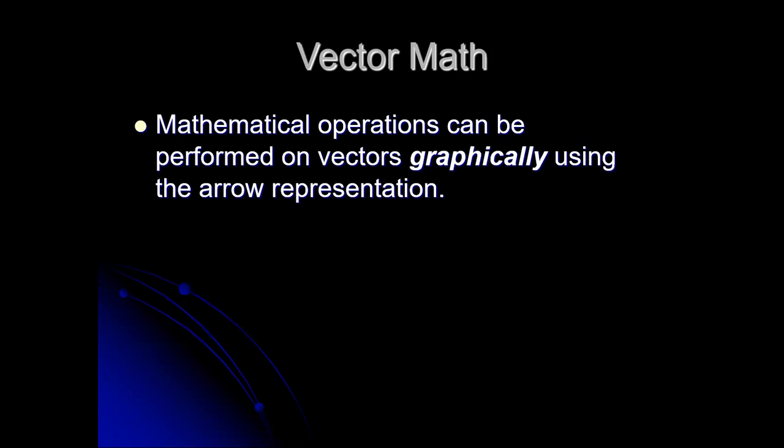We're going to look at vector operations graphically using this arrow representation. By combining vectors and doing operations on vectors graphically, we'll get a better feel for how vectors combine, and we'll get a check on the calculations that we'll be doing a little bit later on.